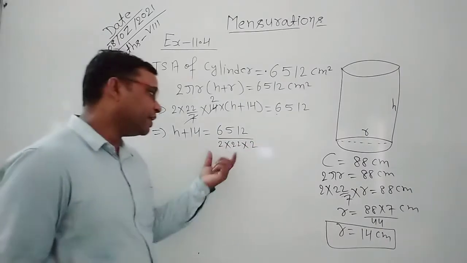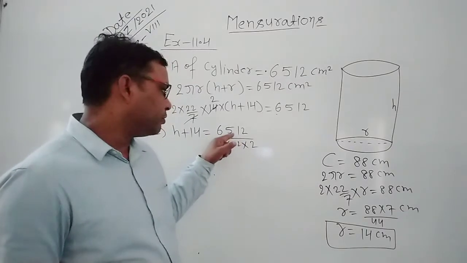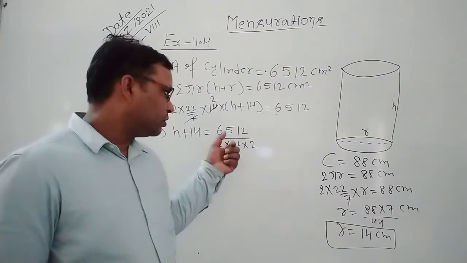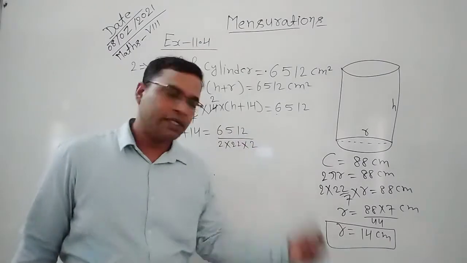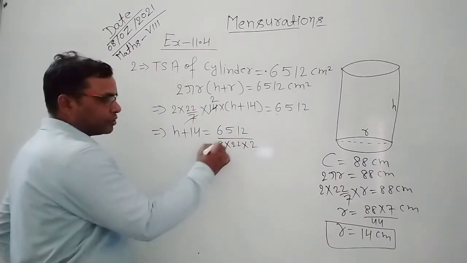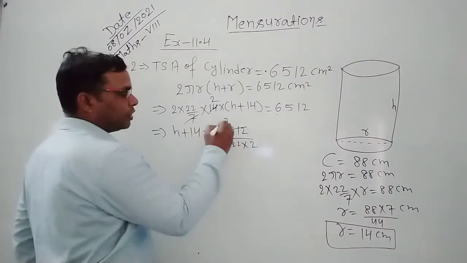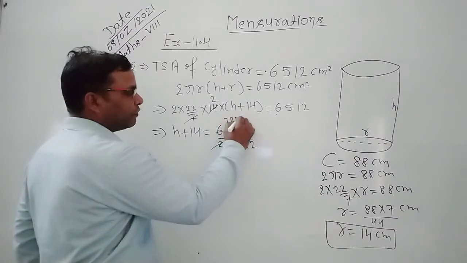Clear? If you multiply, then you can face individual problems. You can face so many difficulties. So we do not multiply, we already cancel it. If you cancel it by 2, then you get 3 here, 2 here, 5 here, 6.